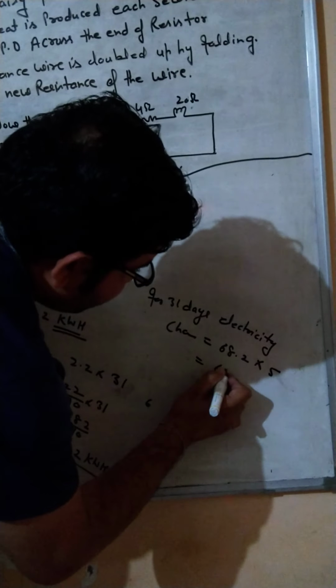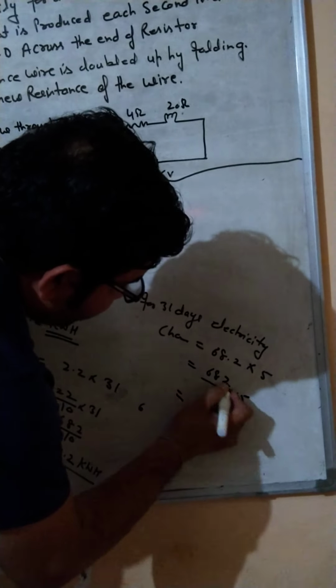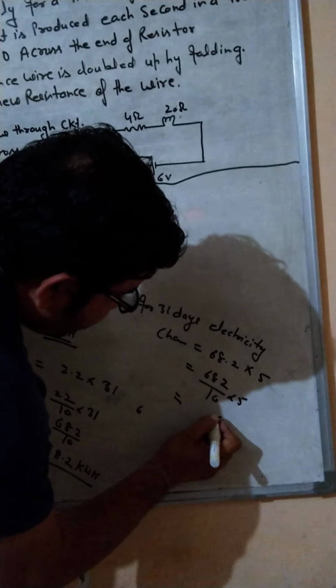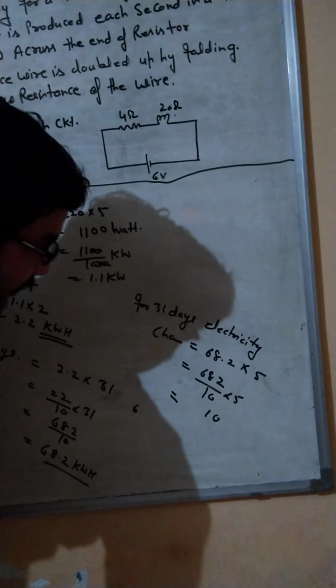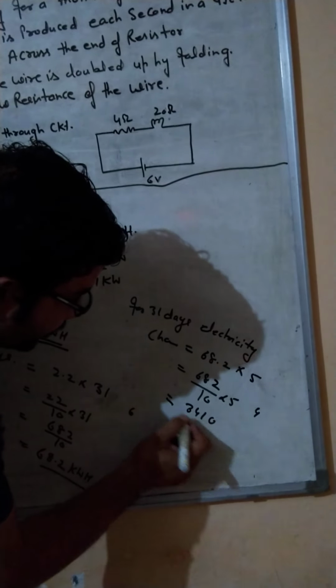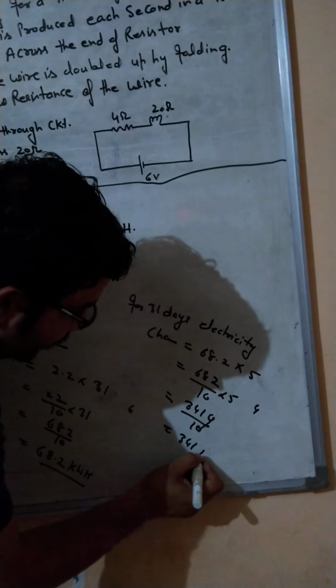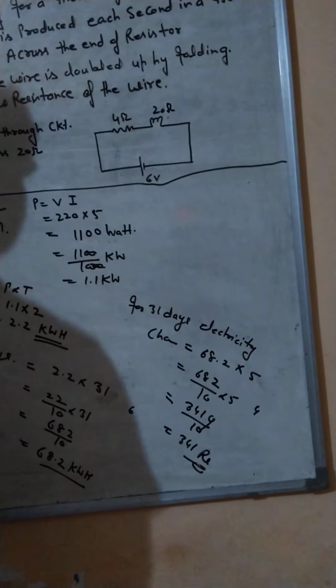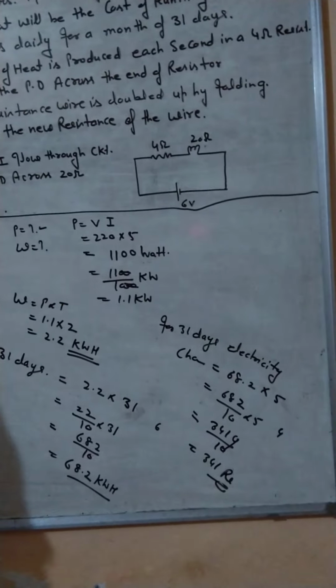That means 682 by 10 into 5. 5 twos are 10, 5 eights are 40, and so on, giving 3410. Divided by 10, that is 341 rupees. 341 rupees will be the answer for the 31 days electricity bill.